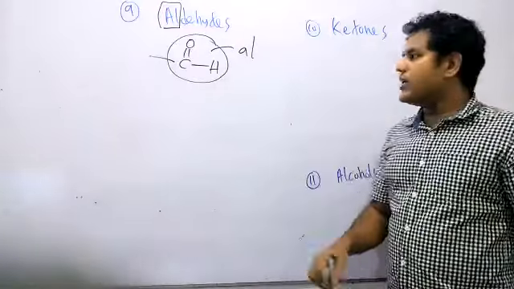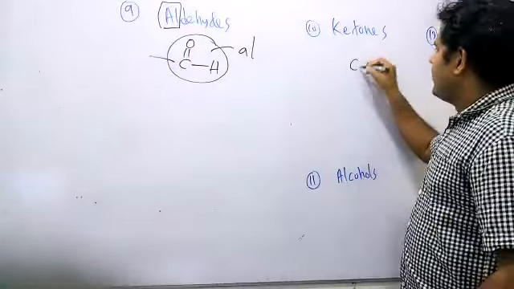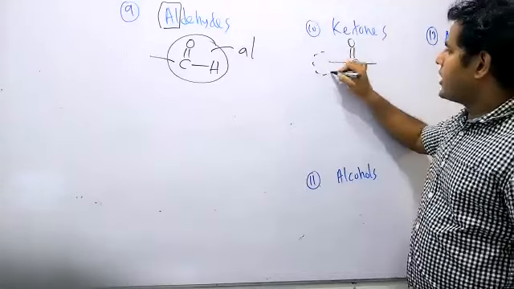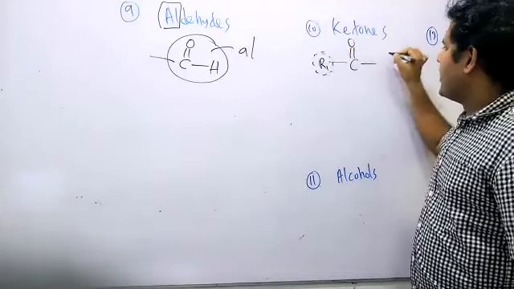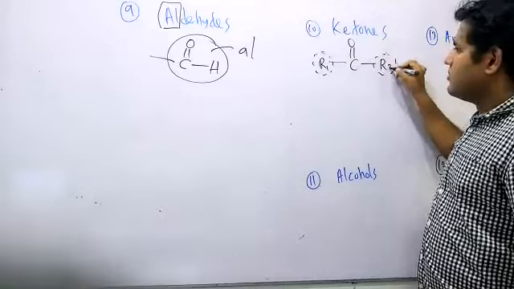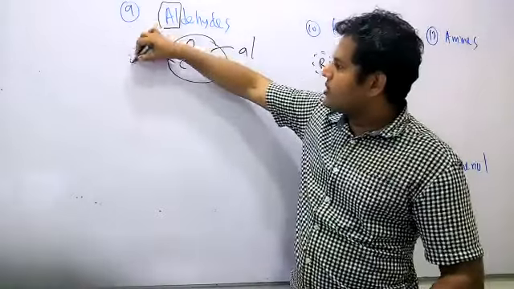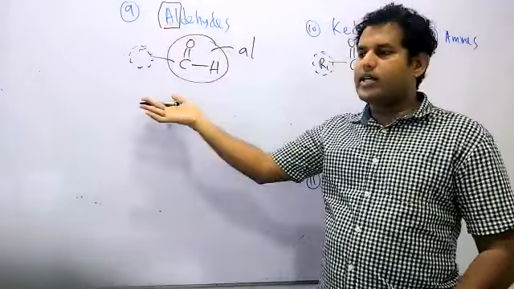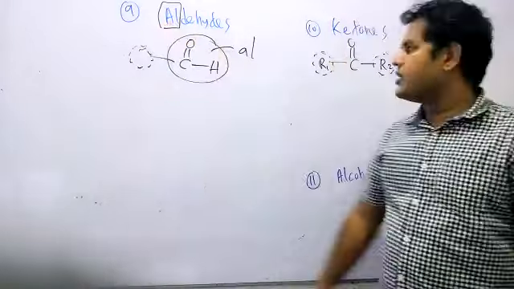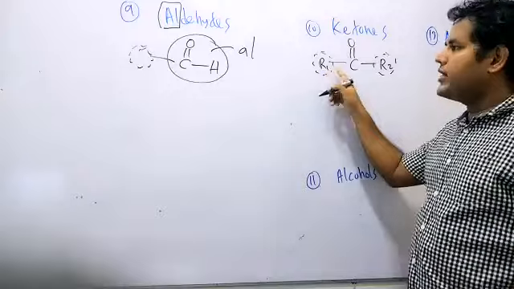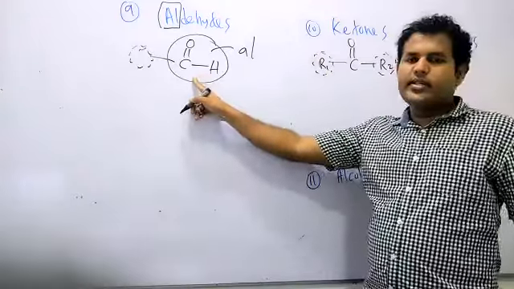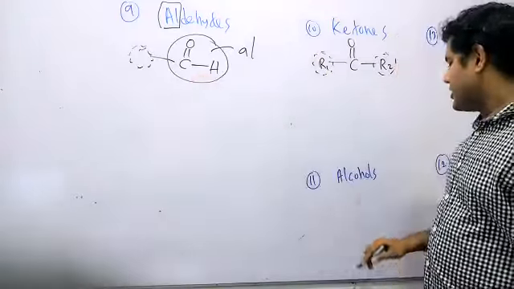And when you are getting ketones, remember the variation is CO. Then you have to have two R groups on either side, R1 and R2. But here, in aldehydes, there's only one R group, just like carboxylic acids. In ketones we have two R groups. These can't be hydrogens. If this R group becomes a hydrogen, it will be an aldehyde.